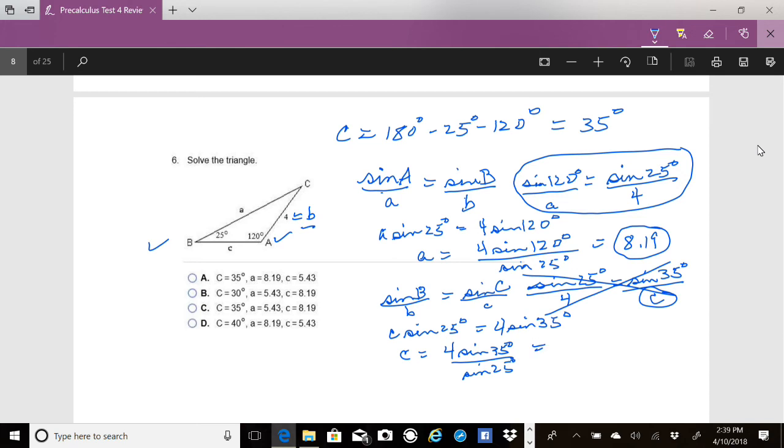Put that in your calculator and you get 5.43. And looking at our answers, C is 35, A is 8.19, and c is 5.43. So it looks like our answer is answer A.